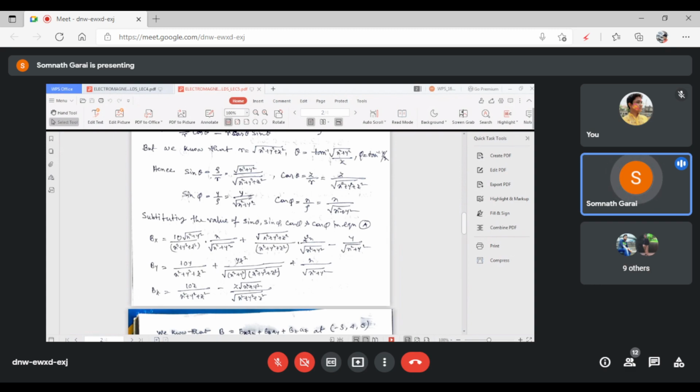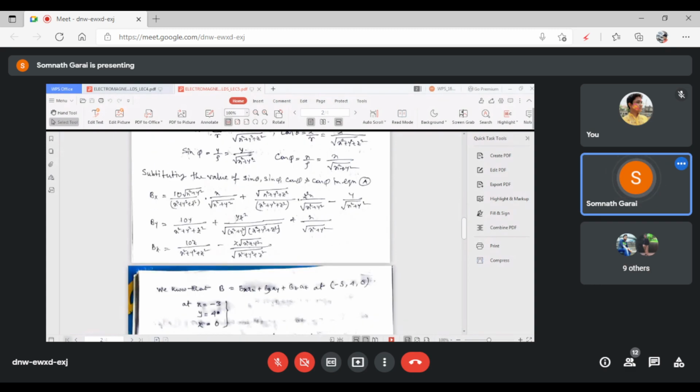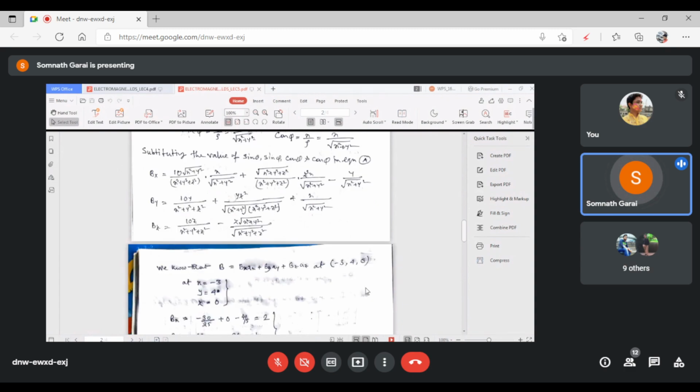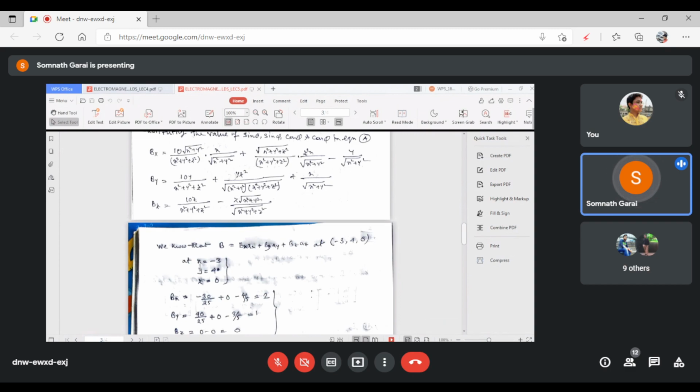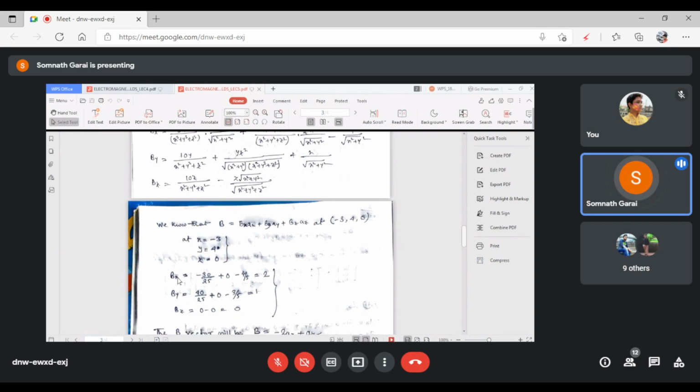Now if we determine the value of the vector in Cartesian coordinates at the point (-3, 4, 0), that means x is equal to -3, y is equal to 4 and z is equal to 0. Now if we put the values of x, y, z in these three equations, we get Bx is equal to minus 2, By is equal to 1 and Bz is equal to 0.